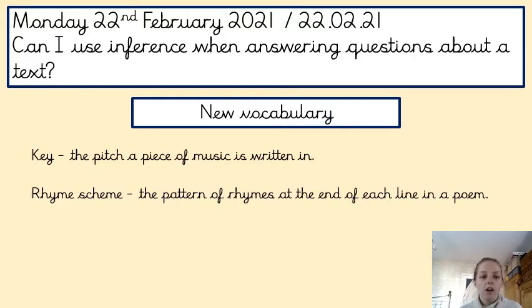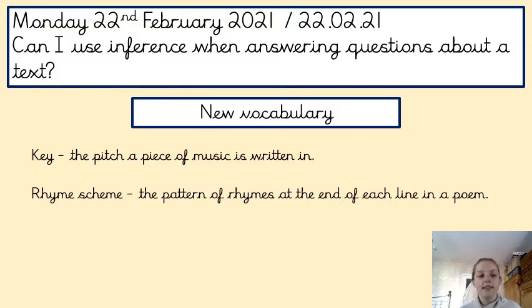Okay, so your new vocab for today is on the screen in front of you. So our first word is key. Now, it's not the type of key that lets you open your house or your car or a window. It is a key which is the pitch in which a piece of music is written. So it's not something you can see.